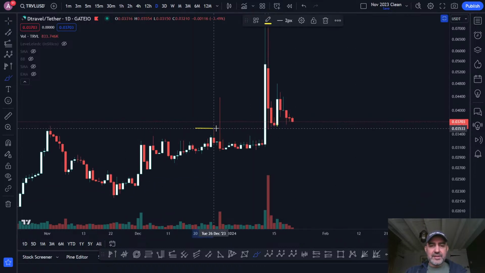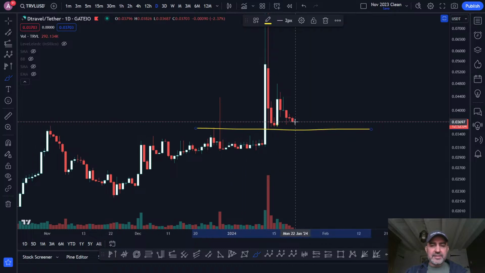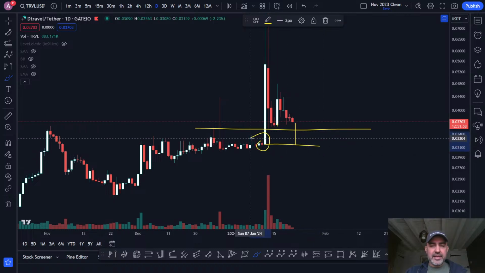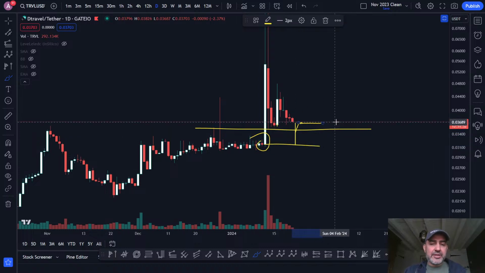Like you have a definite level here, the price could wick down, catch liquidity at this daily level here in this candle, and if the price closes back above that level, that's also bullish.